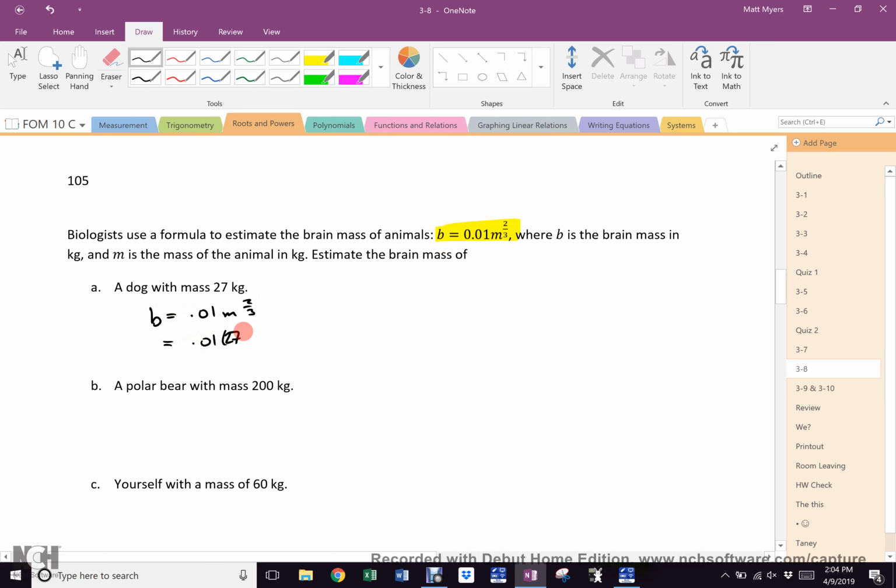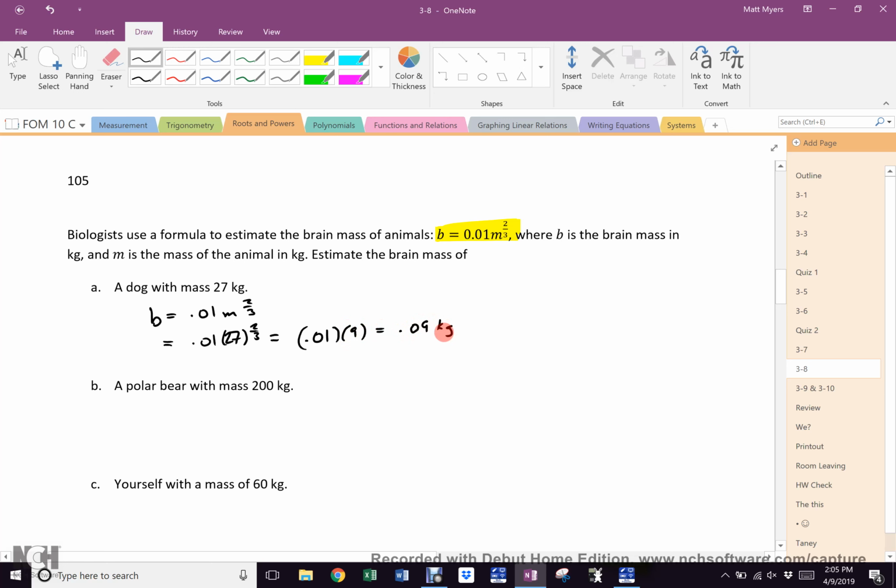27 to the 2/3. Now we already know in our heads that 27 to the 2/3 is going to be 9, don't we? Because we know the cube root of 27 is 3, and we know 3 squared is 9. So we can do this one in our heads, because that is 0.01 times 9, which would be 0.09 kilograms.